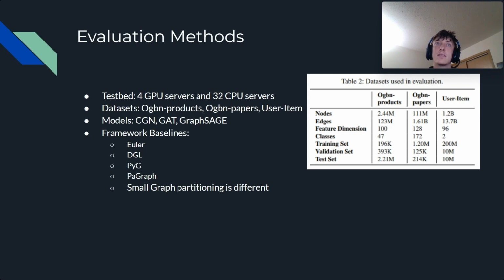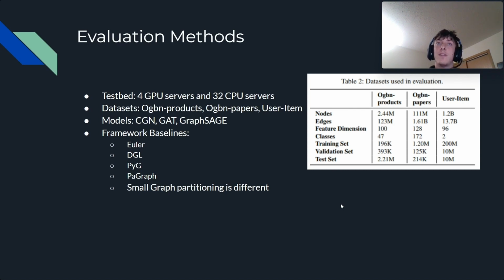For their datasets, the authors used 3 datasets. 2 public graph datasets, OGBN products and OGBN papers, and 1 web graph dataset called user item. As seen on the right here, there are different sizes to each data set. This includes different size nodes, edges, feature dimensions, classes, training sets, validation sets, and test sets.